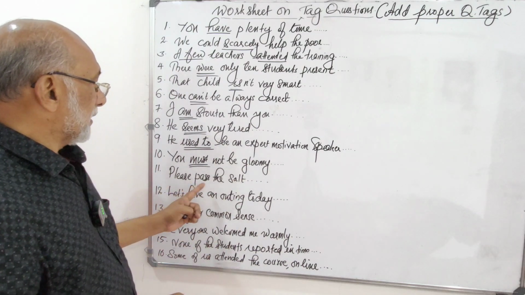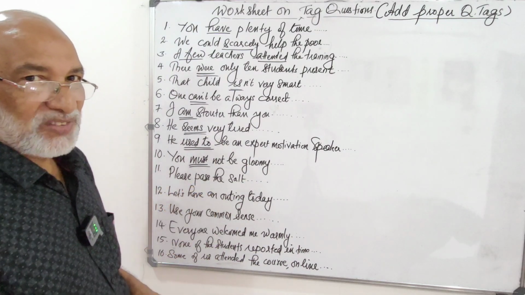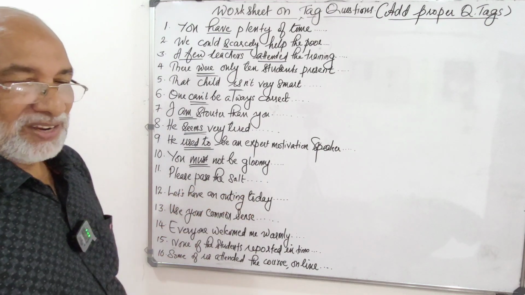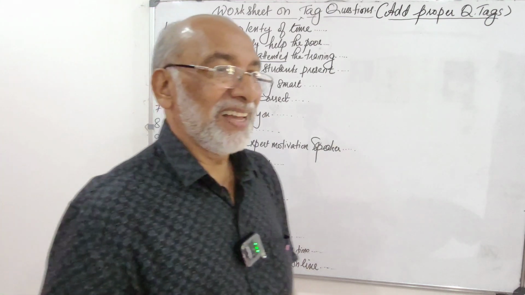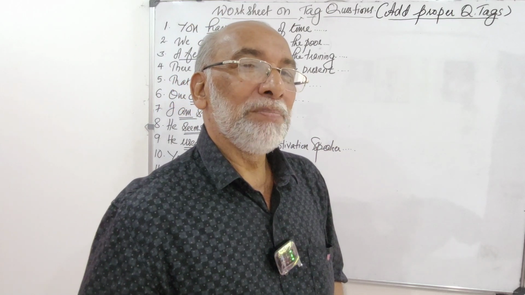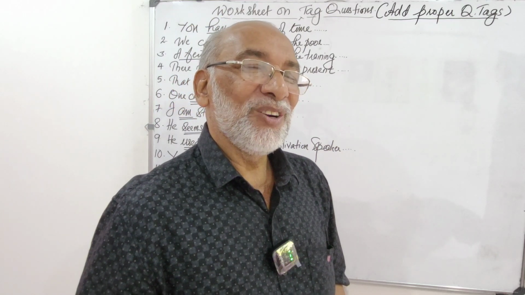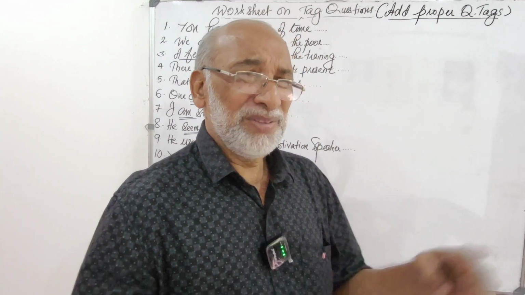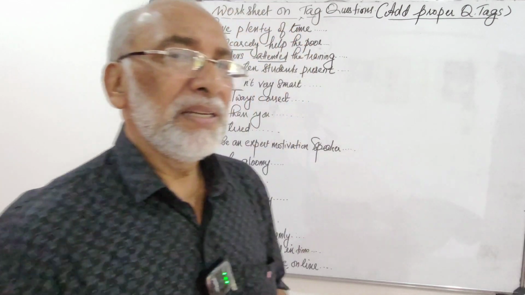11th one, please pass the salt. That is part of table manners. Please pass the salt. We Malayalis are actually a little back, not up to the mark in keeping table manners and all that. Maybe our culture is like that, a different one.